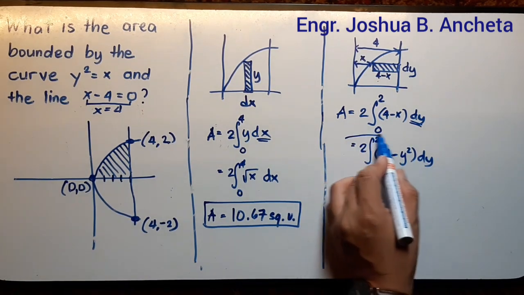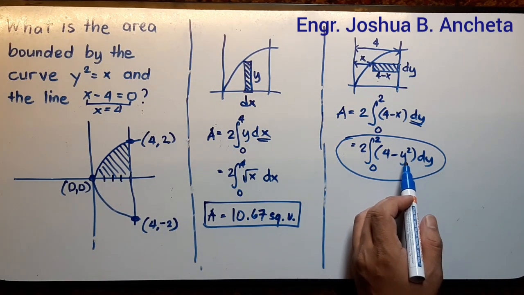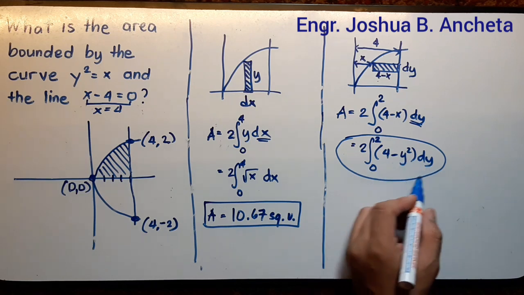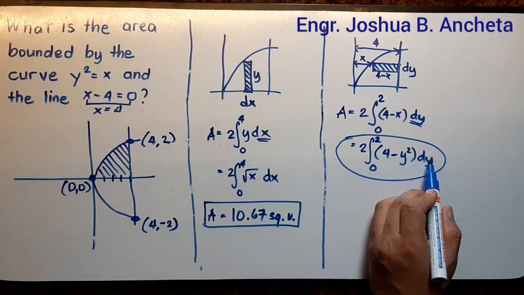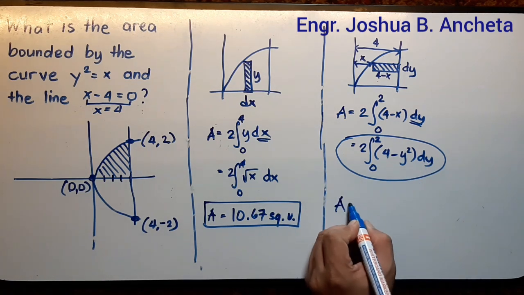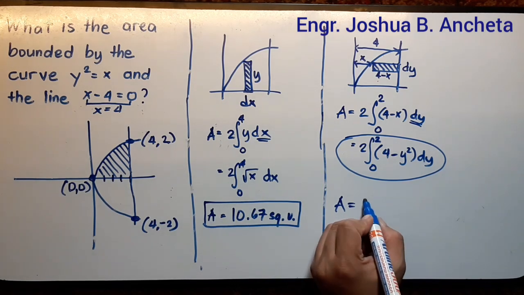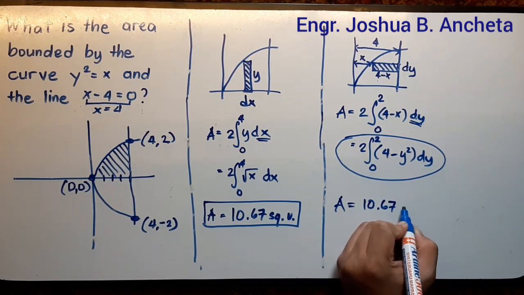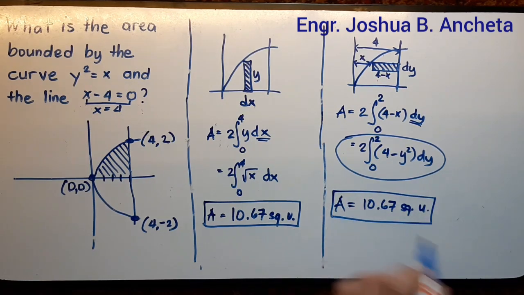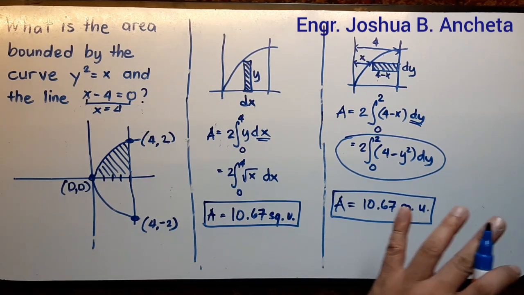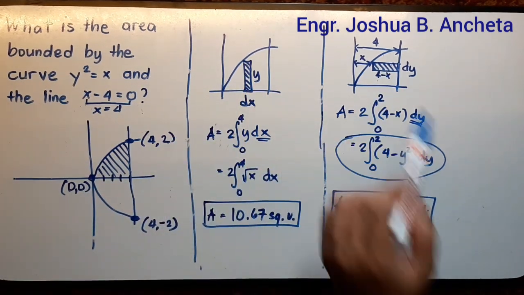But take note, in using your calculator, you should use x in your calculator. So, input x here and, of course, dx here. So, the answer from your calculator is 10.67 square units. So, this is the solution for this problem using vertical and horizontal strip.